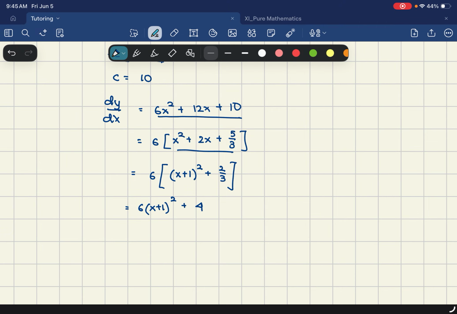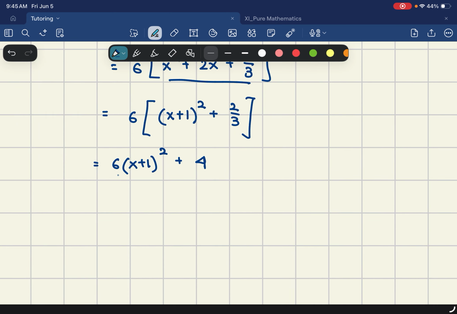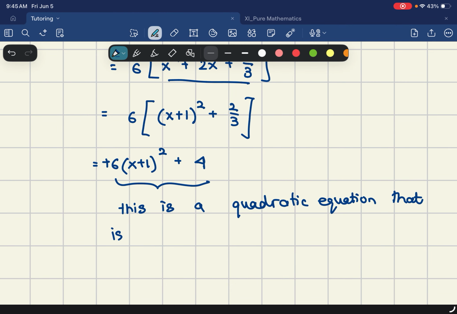So now remember, go back to the stuff about transformations. This is a quadratic equation, right? If it's positive, it's concave up, right?